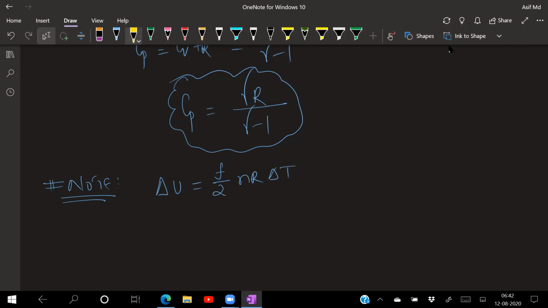What is another form of internal energy? Delta U is also equal to N into CV into delta T. Why CV?